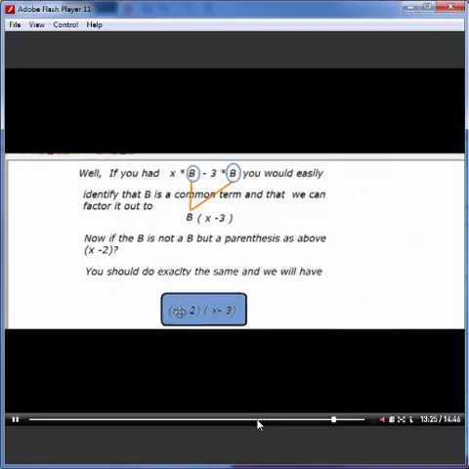And this is our final result, x minus 2 times x minus 3.